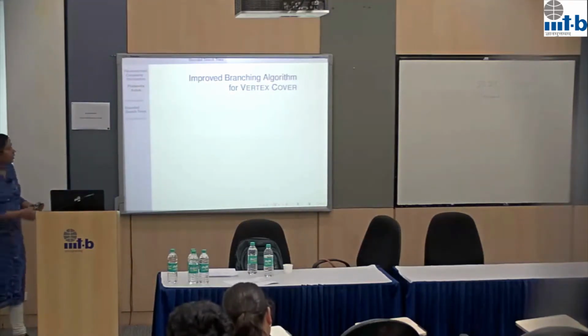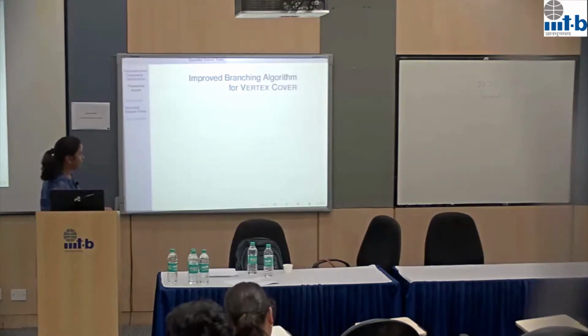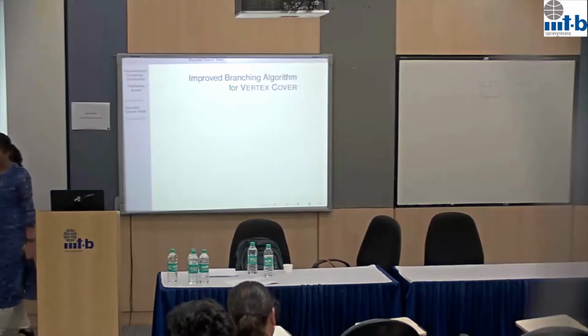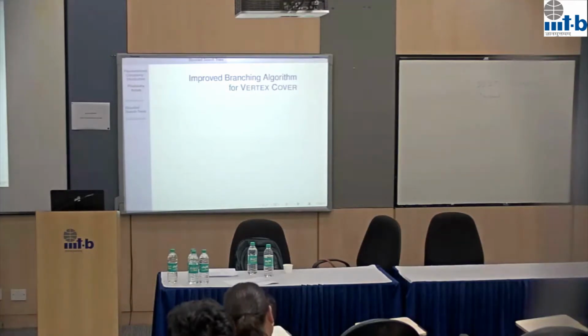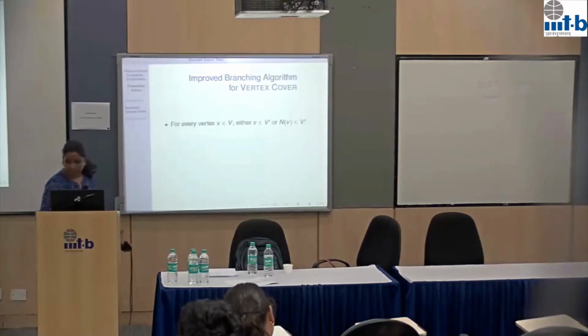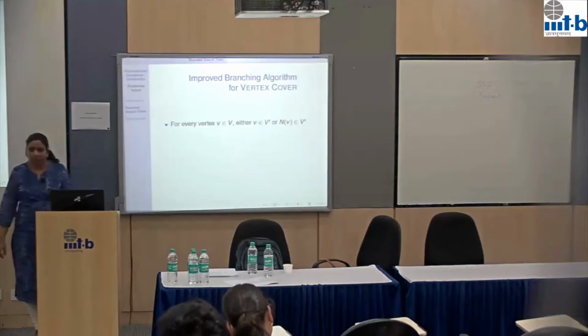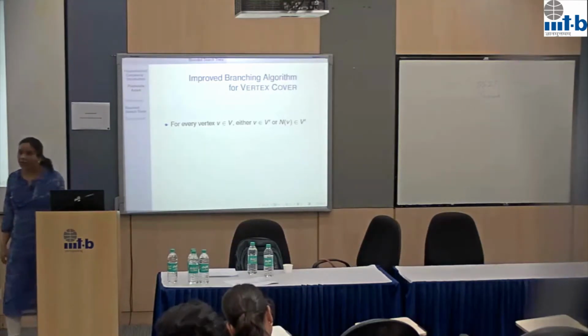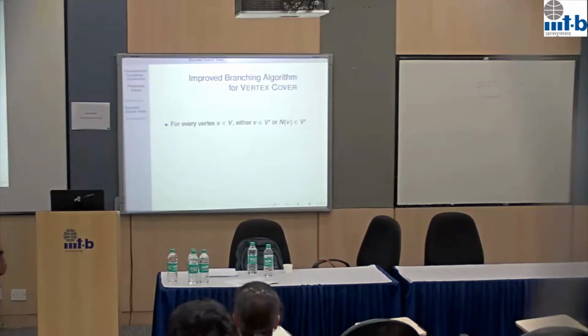So, what is the improved branching algorithm? In the previous branching algorithm, we used the fact that for every edge, one of its endpoints will be in the vertex cover. Here we'll use another fact. You take any vertex in the graph.